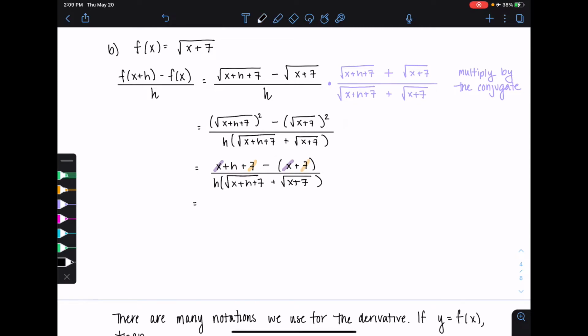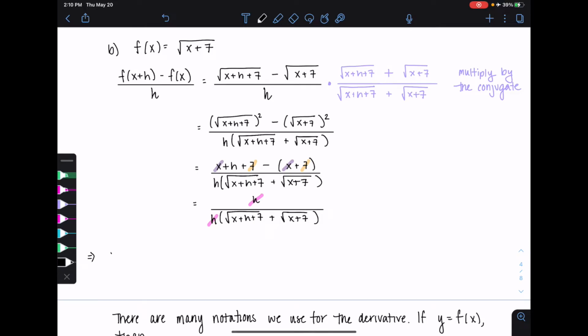All that is left is an h in the numerator and an h times all of this in the denominator. So again, we got more cancellations. H divided by h, those disappear. So now I've got a simplified expression for my difference quotient.